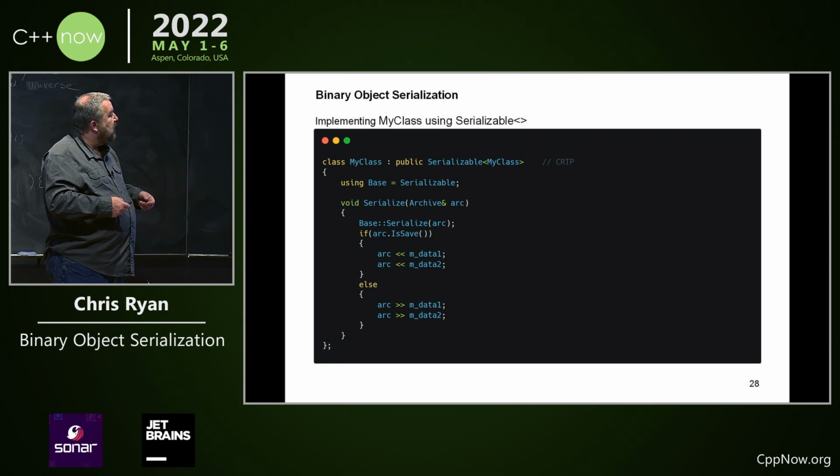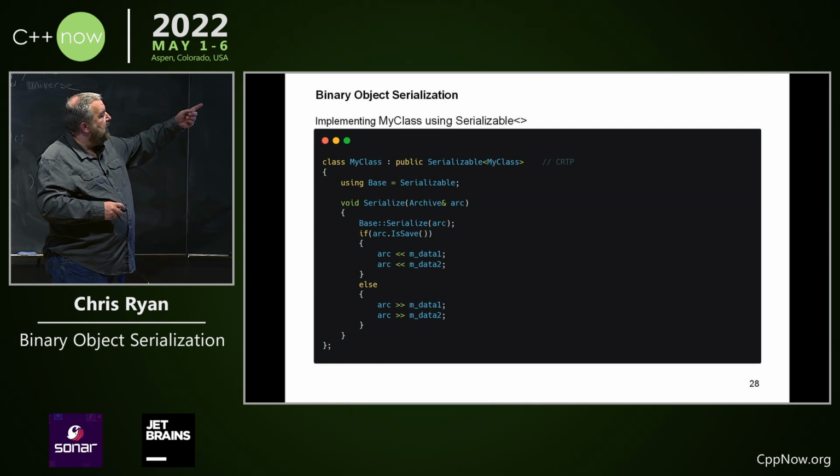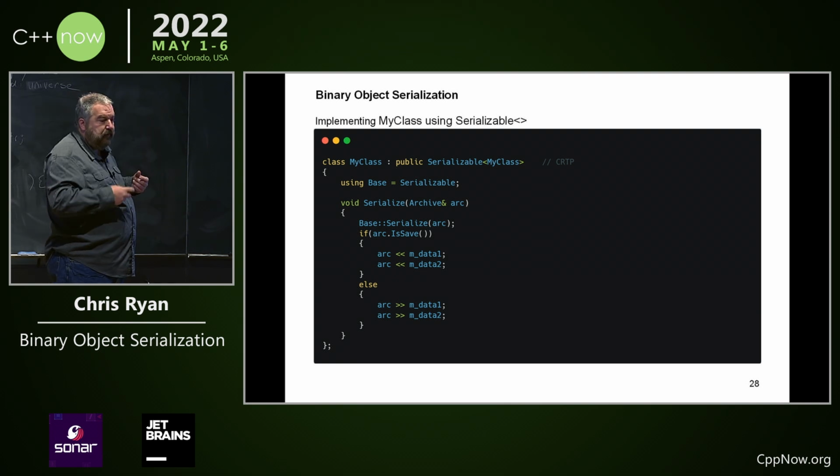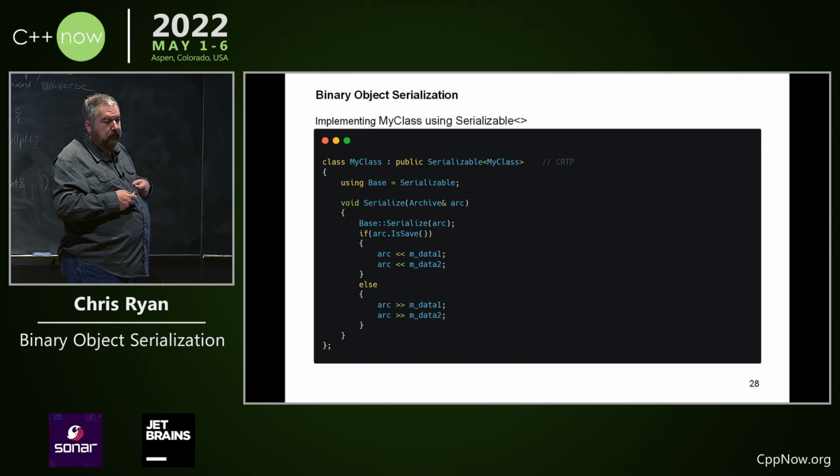So we basically talked about this already. If I have my class and I derive the CRTP for that from Serializable, and of course, Ben. You've been talking about these serialize functions and saying they're virtual. The CRTP I'm familiar with usually is introduced to avoid virtual functions at runtime.